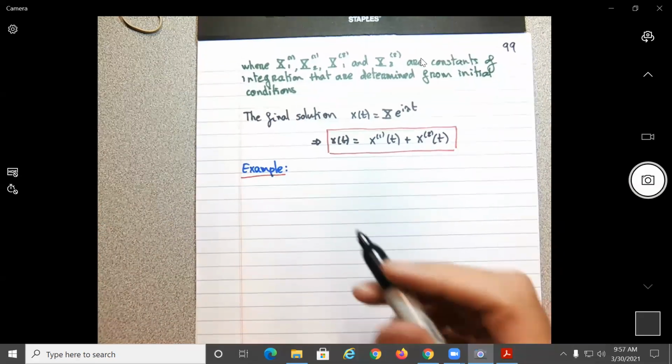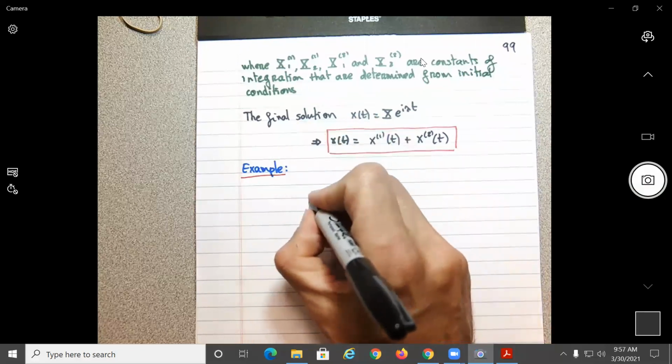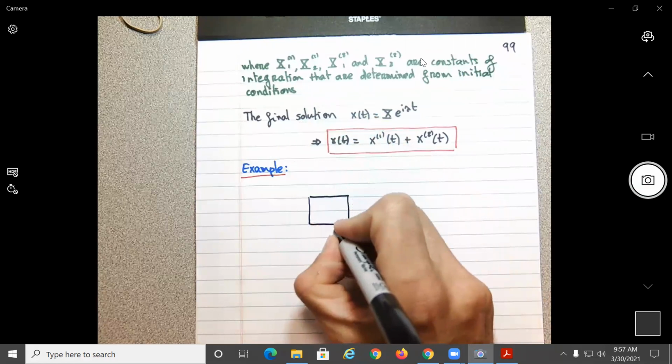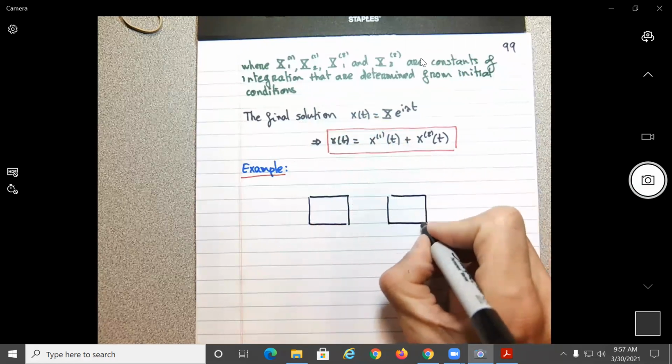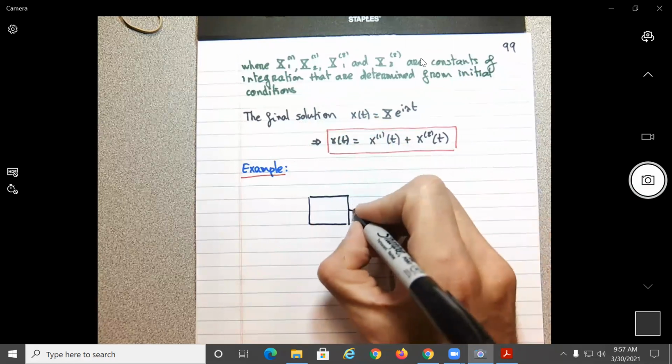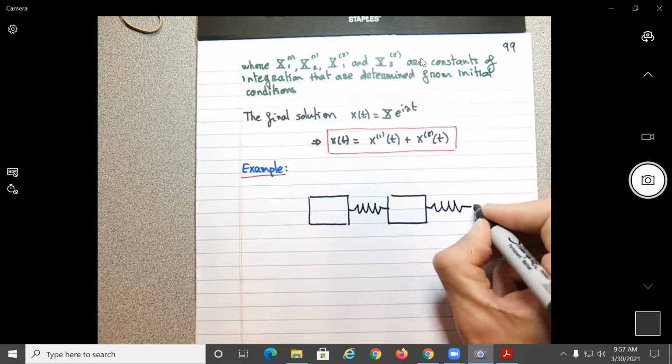In this example it is the undamped case, so we're going to have two masses. So basically we're going to do just like we did in the derivation, but we're just going to put values, okay? I'm not changing anything.